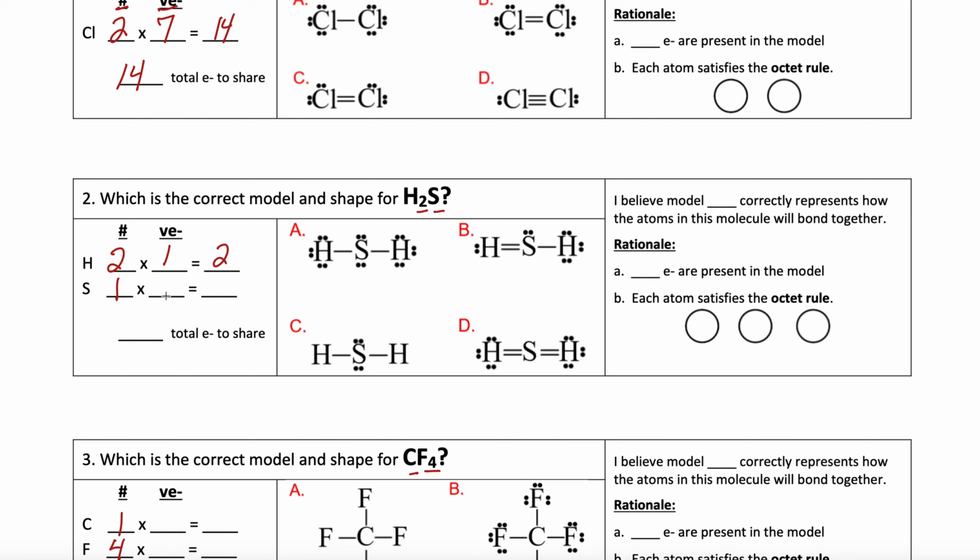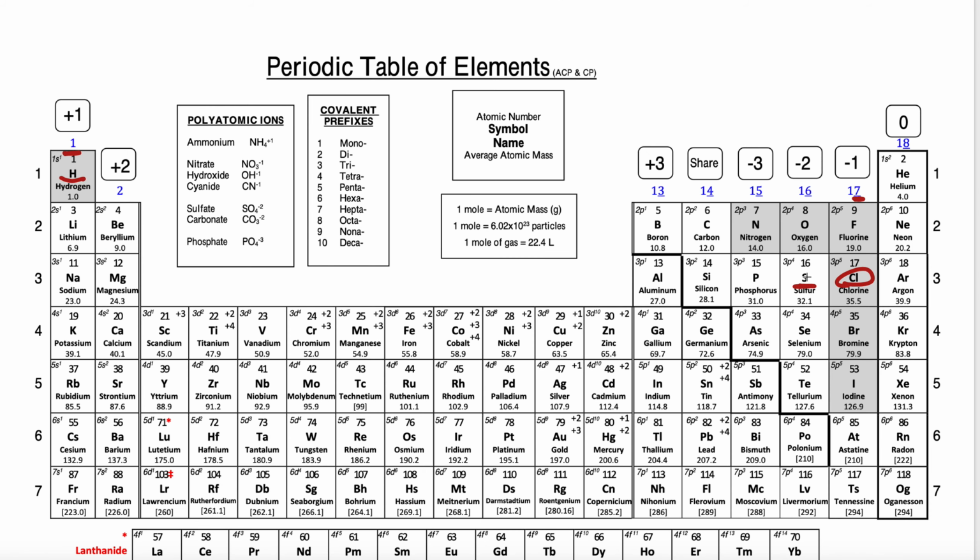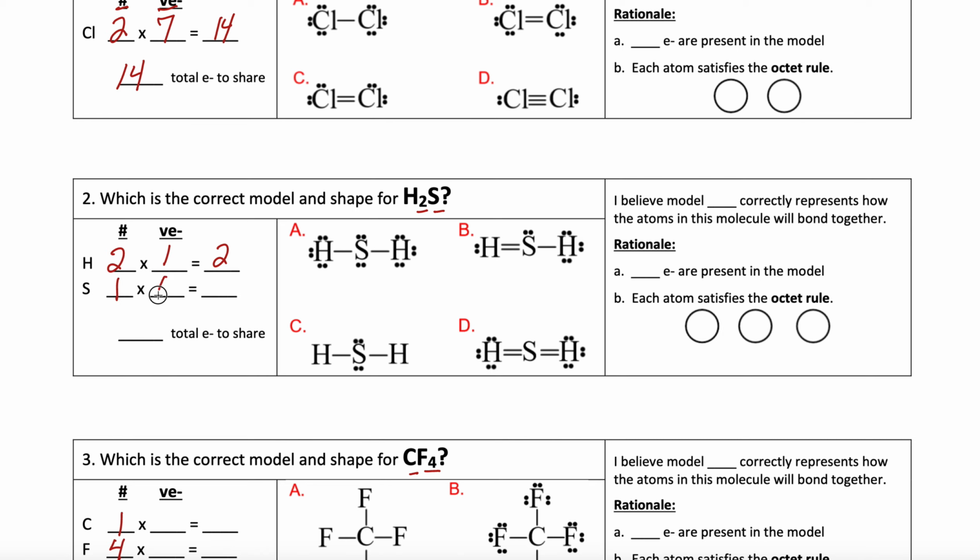Now what does sulfur have? Sulfur, we find sulfur over here. It's in group 16, so it's got 6 valence electrons. So 1 times 6 is 6. So the 2 hydrogens each have 1. The 1 sulfur has 6. Put that all together, get the grand total, they have 8 electrons.